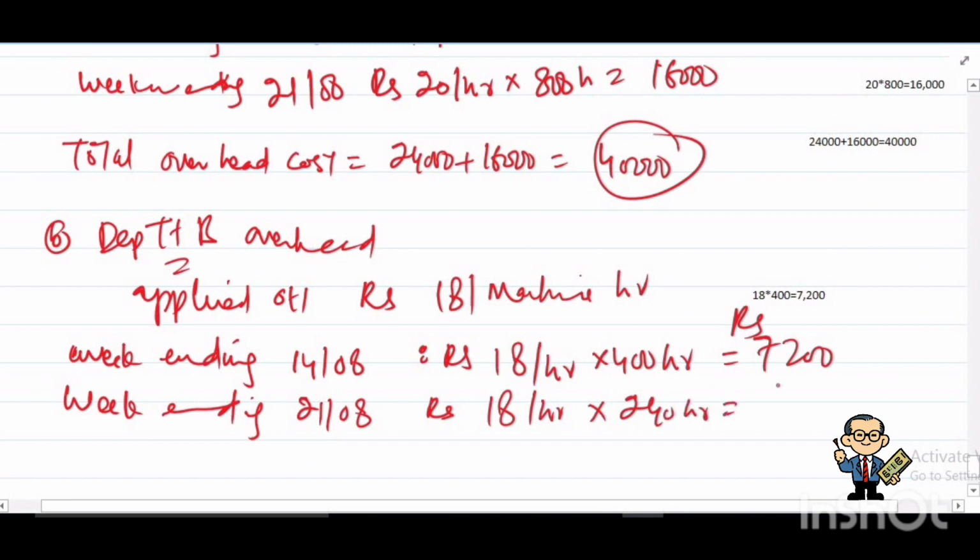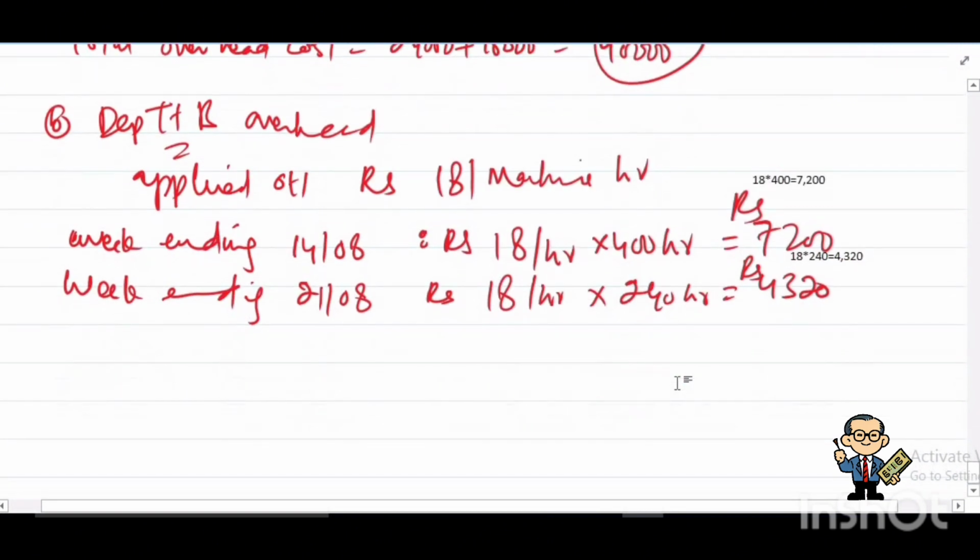If we calculate this figure, 18 multiplied by 240 equals 4,320. This is another figure we have calculated.